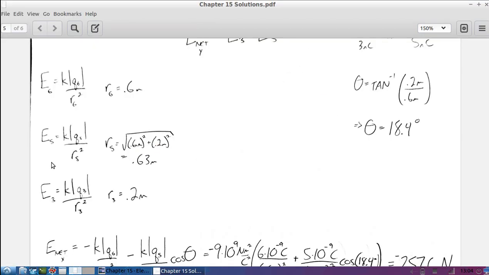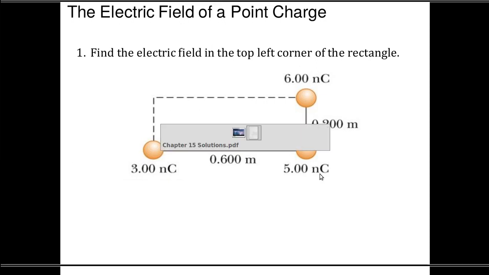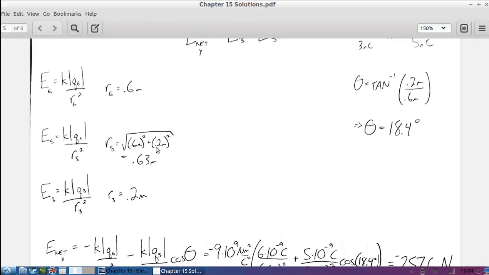What about the distance between the 5 nanocoulomb charge and the top left corner? So it's the diagonal of a rectangle. Half of a rectangle is a right triangle. So I have one side of the right triangle, 0.6 meters, and the other side, 0.2 meters. I'm looking for the diagonal of the rectangle, which is just the hypotenuse of that right triangle.